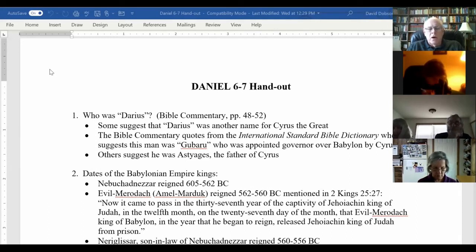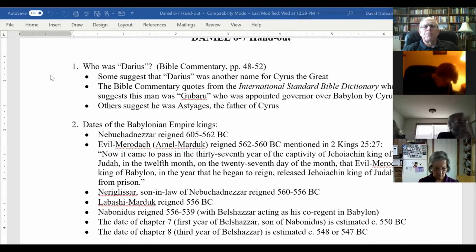Verse 31, and Darius the Median took the kingdom, being about 62 years old. Now, I'm reading from the old King James here in part tonight. But Darius the Median, it's somewhat confusing, and that's why I wanted to put it here on the handout.